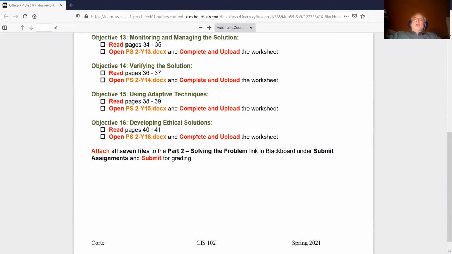In other words, if you are working on a solution for a business problem, the ethical solution would be the solution that works, that does the most good for the company, for the employees, for the customers, for whatever the case might be. Okay. Doesn't mean it's going to work for everyone, but for the majority. It's kind of like majority rules. So that's kind of what we're looking at with ethical.